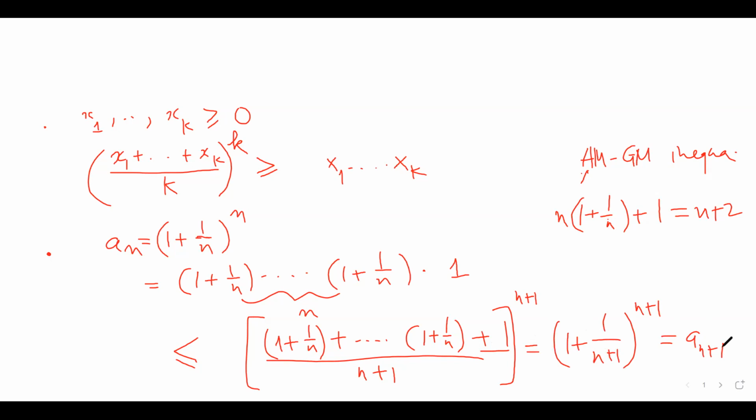So we have shown that a_n is less than a_{n+1} using just the AM-GM inequality. Is this clear? Do you have any questions?